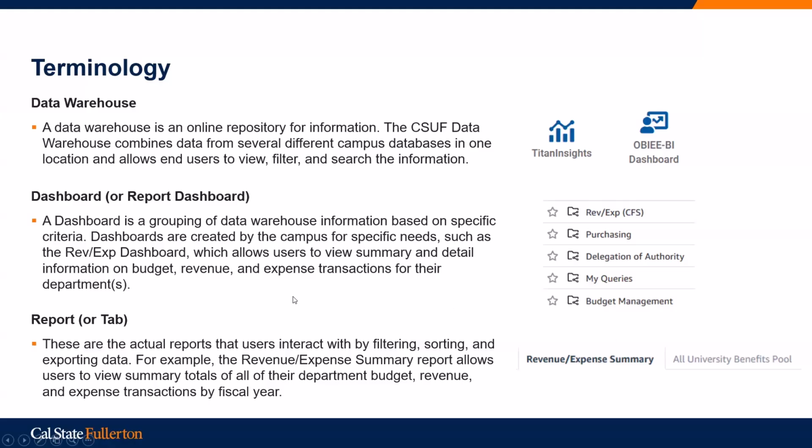And then report or tab, these are the actual reports that you're going to interact with. There's where you're going to filter, sort, export data, all of that good stuff. We're going to be looking at the revenue expense summary report, just as an example. And that allows you to view summary totals of all your department budget, revenue, and expense transactions by fiscal year.